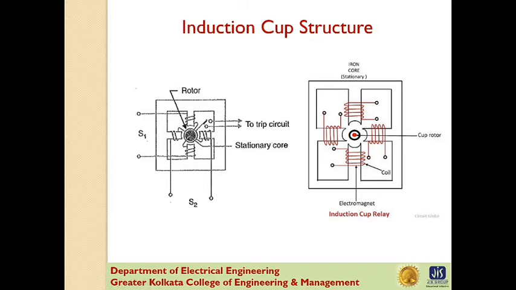A control spring and backstop for closing of the contacts carried on an arm are attached to the spindle of the cup to prevent continuous rotation. Induction cup structures are more efficient torque producers than either the shaded pole or the watt-hour meter structure. Therefore, this type of relay has very high speed and may have an operating time less than 0.1 second.